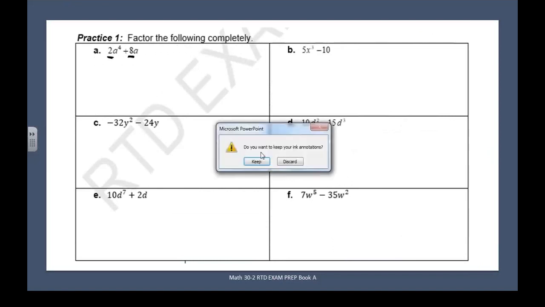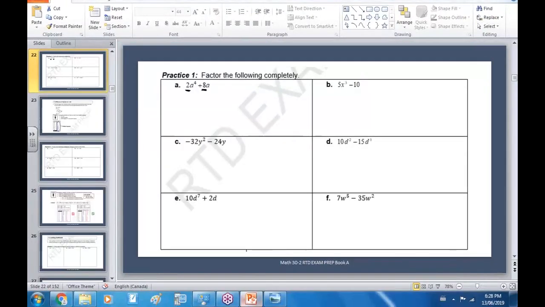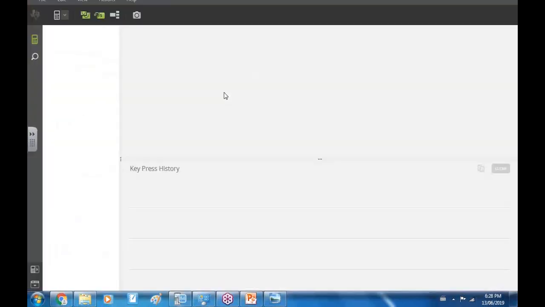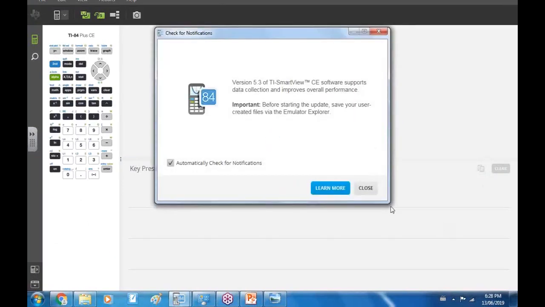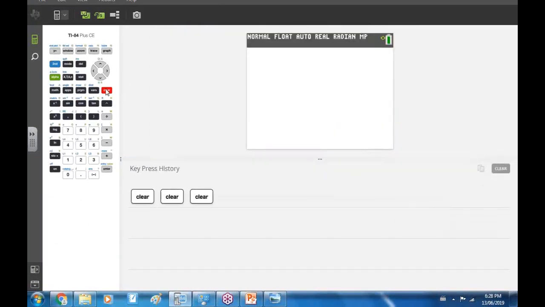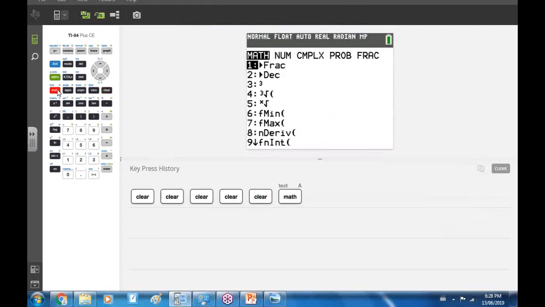I'm just going to show you on the calculator, just in case you didn't know how to do that. So I'll pull up my graphing calculator. Okay, so what I'm going to do is go Math. Here's my Math button right here under Alpha, Math.